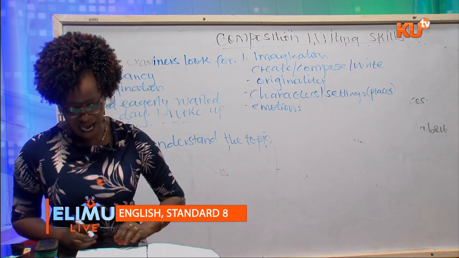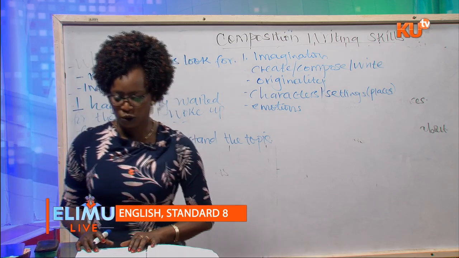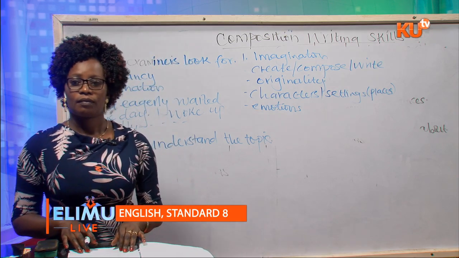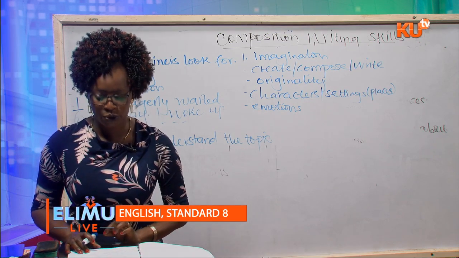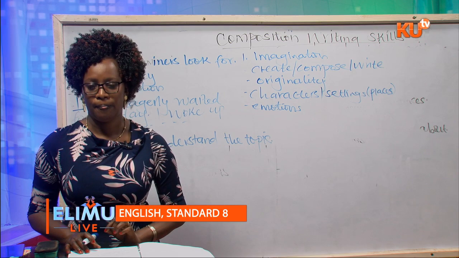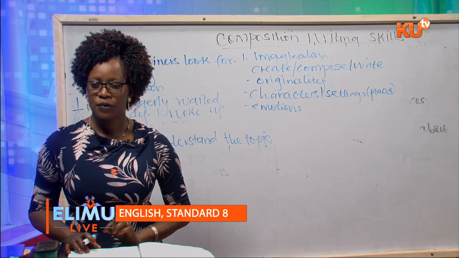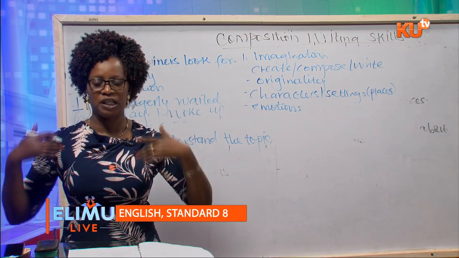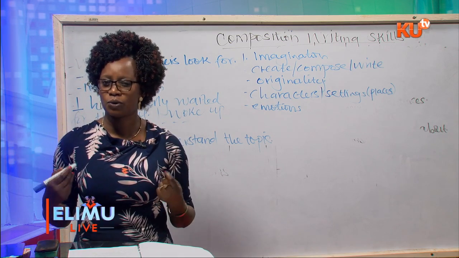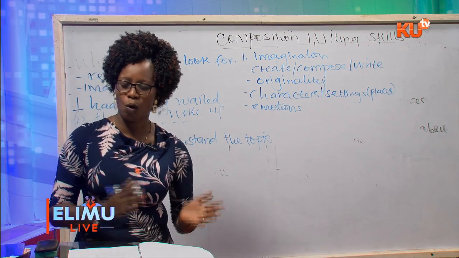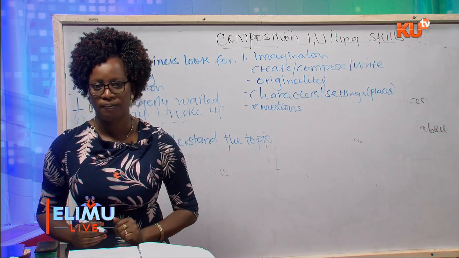So when you understand the topic of the story, you are going to be specific on what you are going to write. So now you start trying to be imaginative once you understand the topic that you are told to write about, either open or closed.